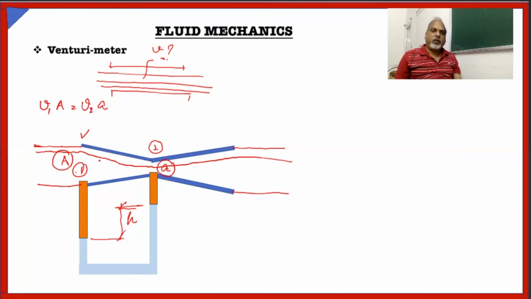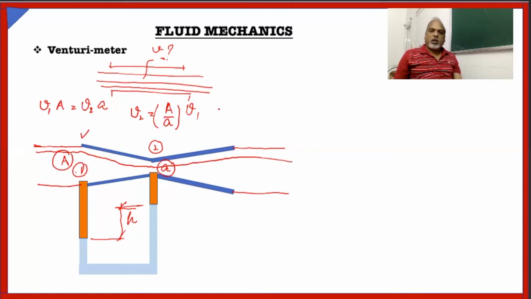Suppose V1 and V2 are the velocities at 1 and 2. So naturally, from here, your V2 is A upon a into V1. This is due to the continuity equation.